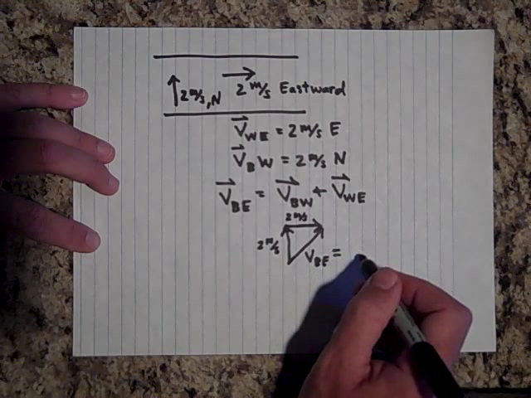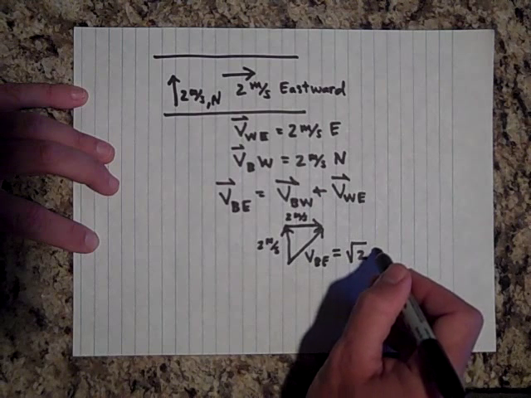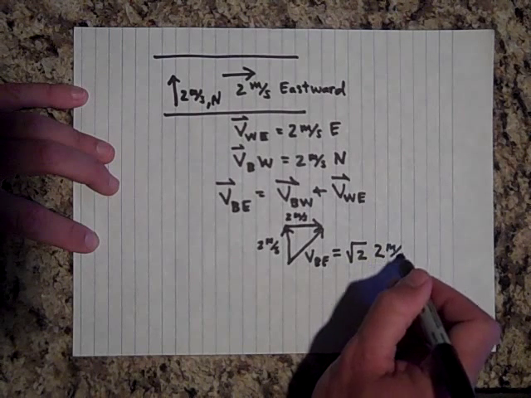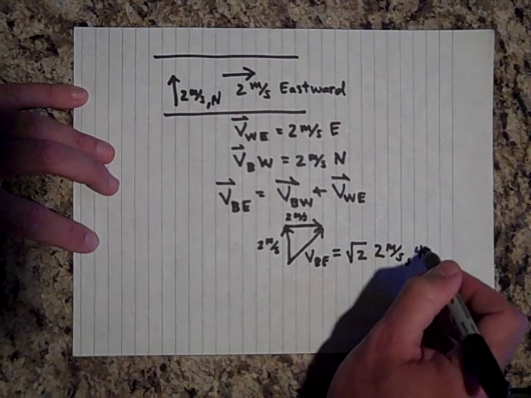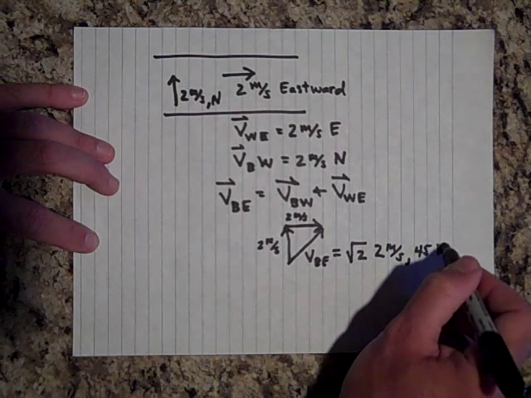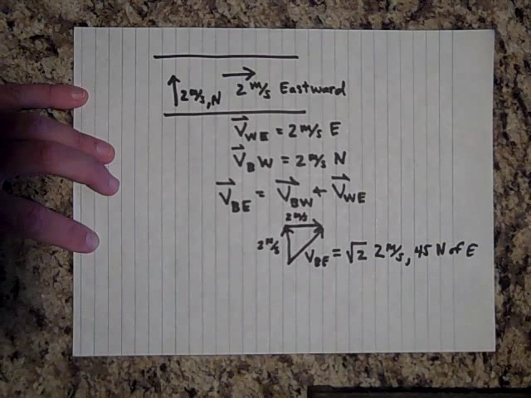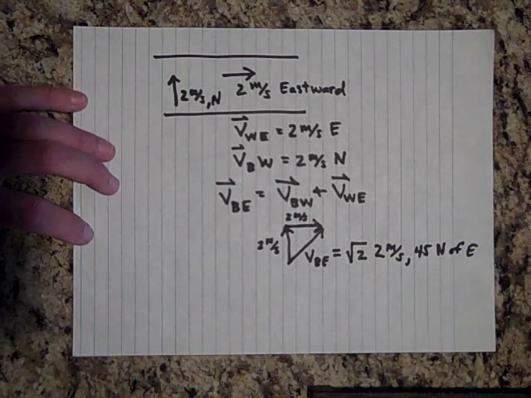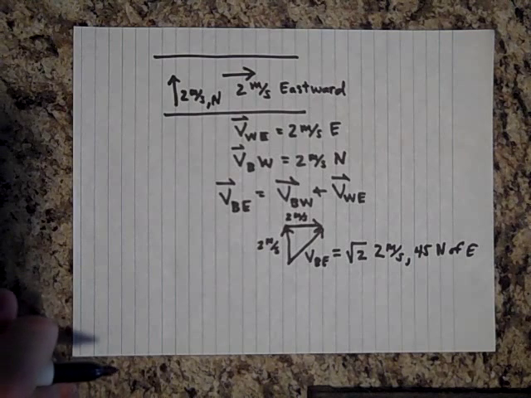If you check that out, it's going to be the square root of 2 times 2 meters per second, and it will be 45 degrees north of east. So that's how you work out relative velocity problems. You just link them like that, and you will get them right.